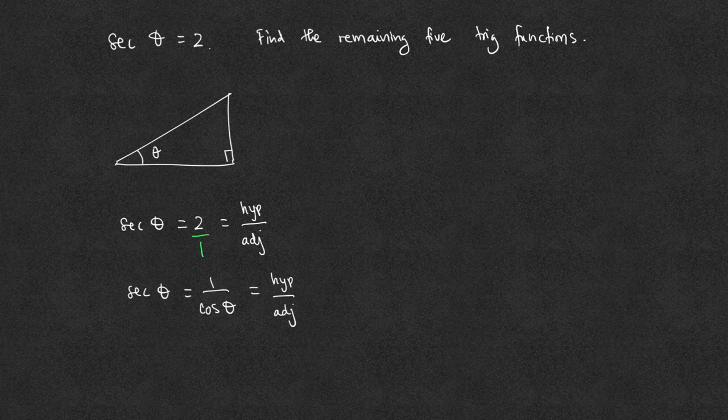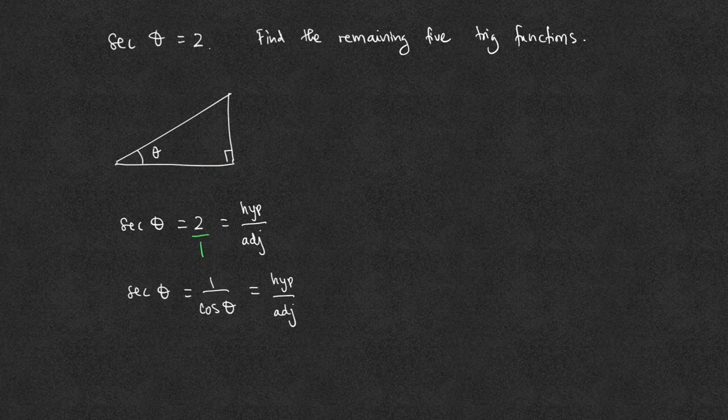The reason why we want to do this is that 2 over 1 is now a ratio, and it has to be the same as the hypotenuse over the adjacent. There are many ratios that will give us 2, but this is the most convenient one, meaning we simply turn the hypotenuse of this triangle into the length of 2, and the adjacent of this triangle into 1, adjacent to the angle theta.